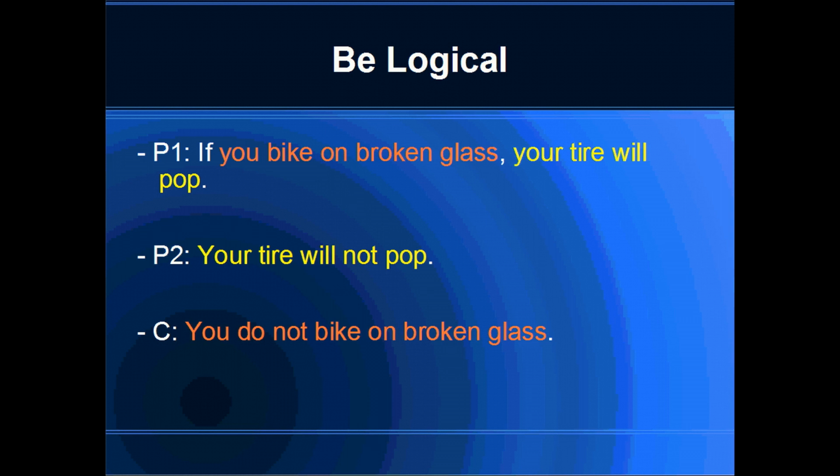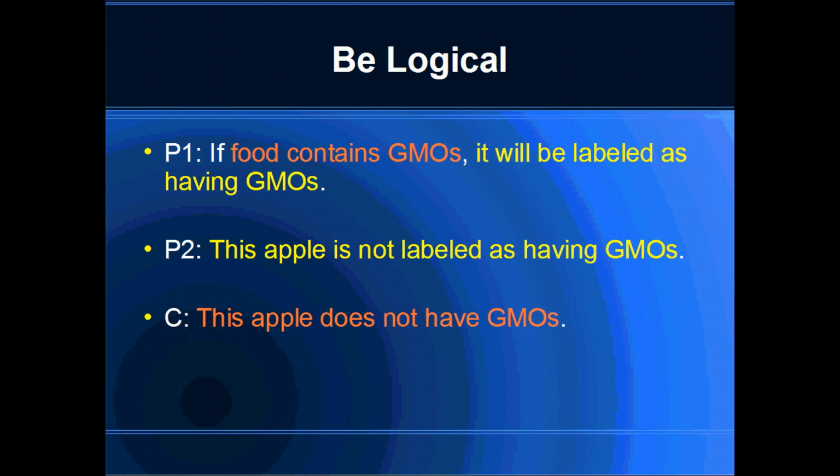Okay, so here's one conditional syllogism I can give you related to that. If food contains GMOs, it will be labeled as having GMOs. That's the first premise. Now premise 2, this apple is not labeled as having GMOs. Okay, so the conclusion would be this apple does not have GMOs.